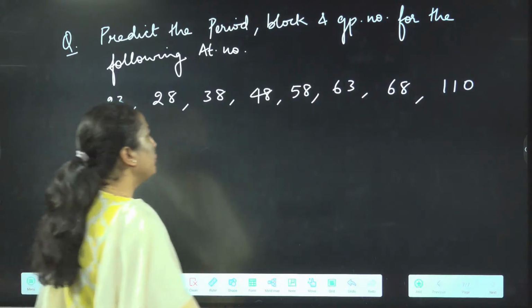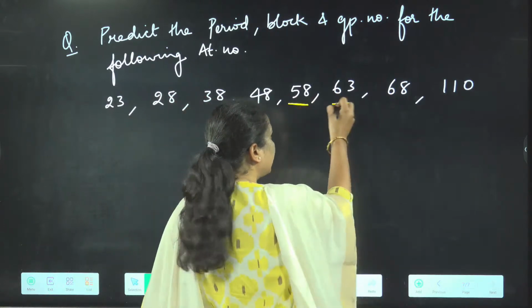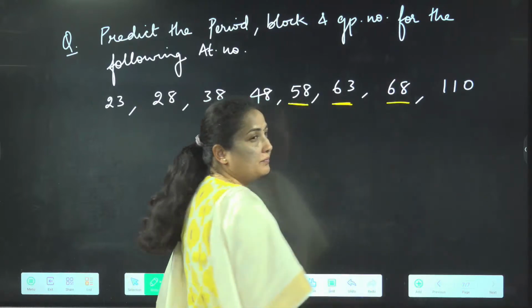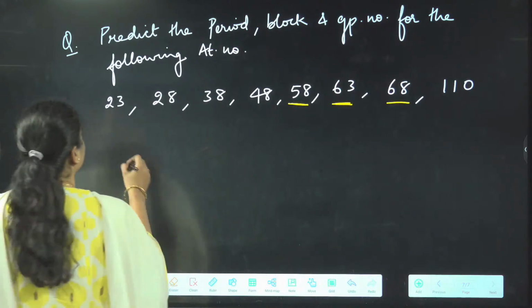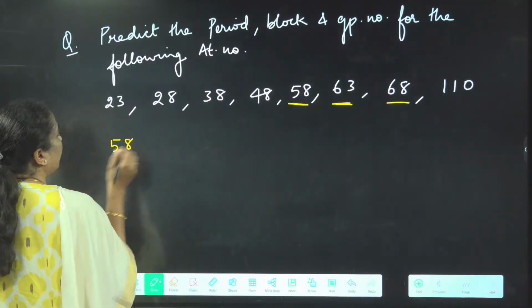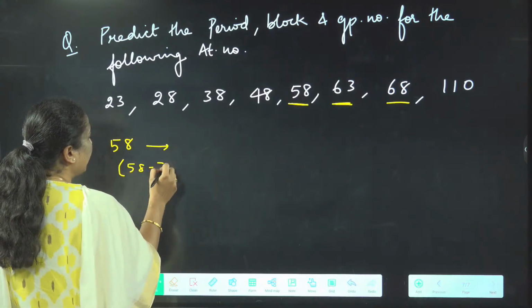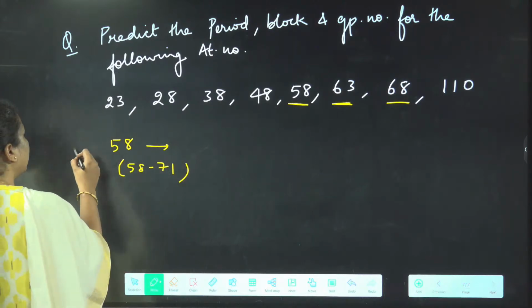See, for few of them, you need not write anything. 58, 63, right? 68. So I've already reduced the work. 58. For 58, what I'll be writing? This belongs to which range? 58 to 71, right? So let us say I'm doing that.